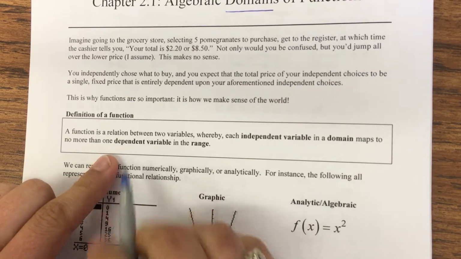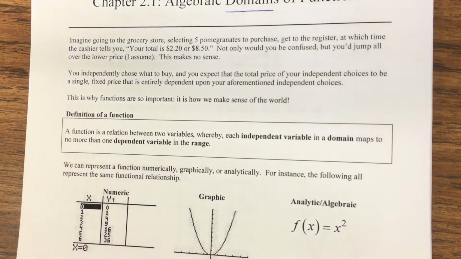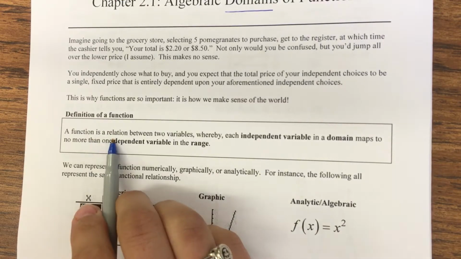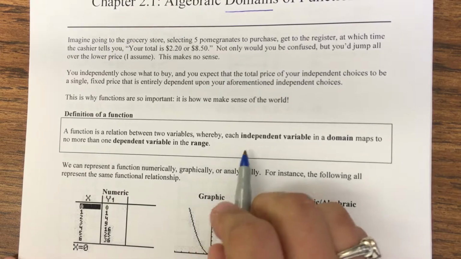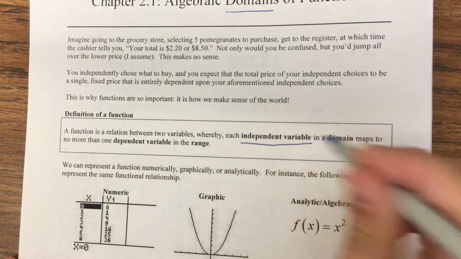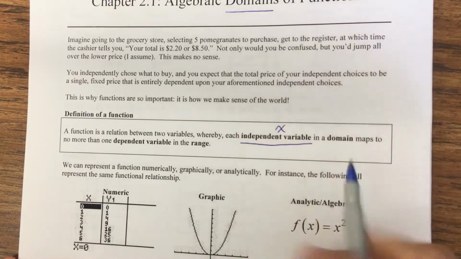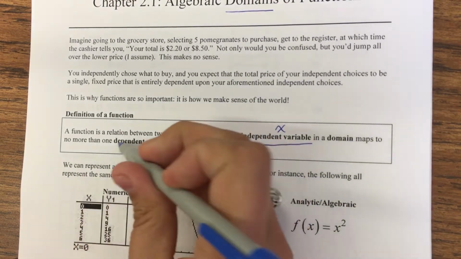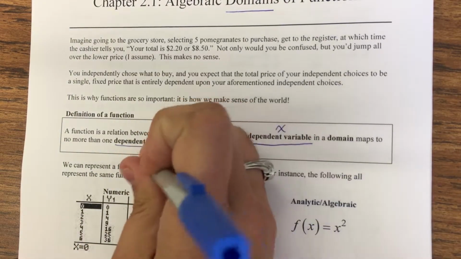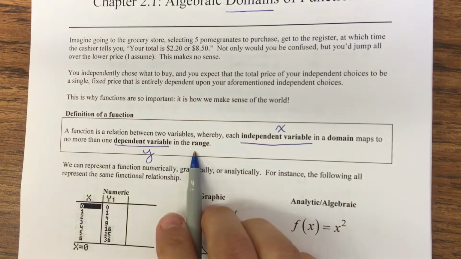But let's briefly touch on some of the definitions of functions, domain and range and things like that, things that you should already know. So a function, if you remember, is a relation between two variables, usually x and y, where you've got an independent variable, which in our situation is normally x, in the domain, and it goes to no more than one dependent variable, and the dependent variable is usually y, and we talk about that in terms of range, okay?